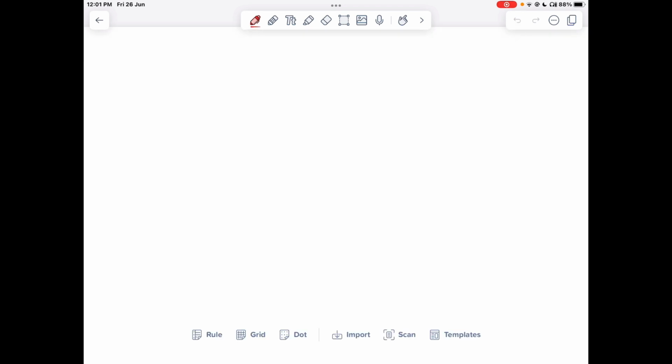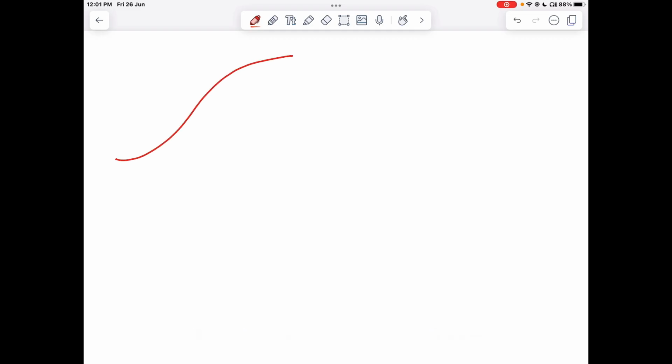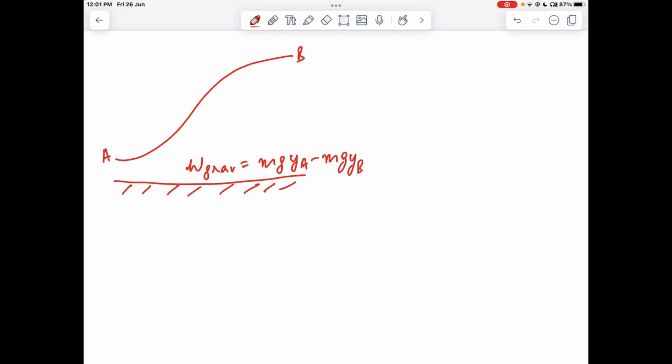Okay, so now you must have noticed one thing, right? That when we consider the work of gravity, then the work is only dependent on the initial and final positions, right? So we have work of gravity is mg yA minus mg yB.